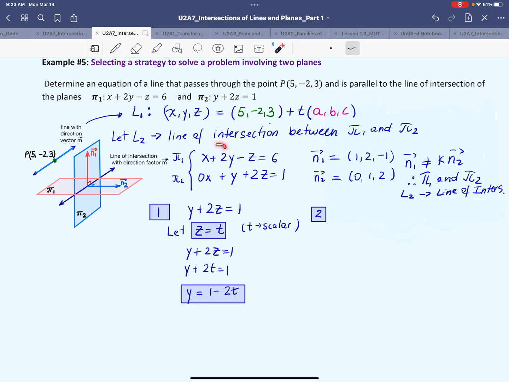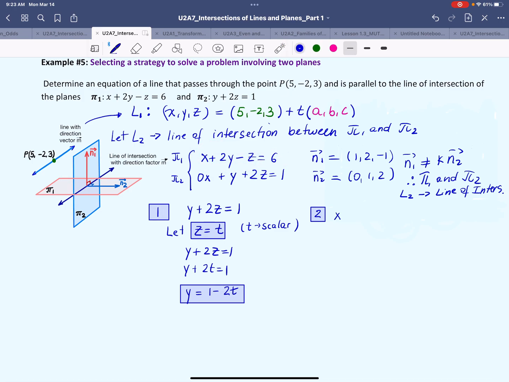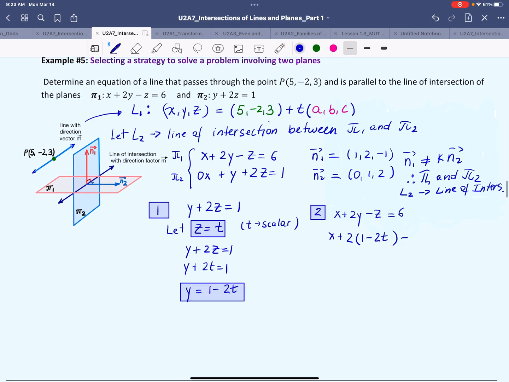And for this, we have only one choice. We have equation 1 to solve for x, because that's the only equation where x makes an appearance. So we have x plus 2 instead of y, we'll write the parametric 1 minus 2t, as you can see here. And then instead of z, we'll write the parametric for z, which is just t.